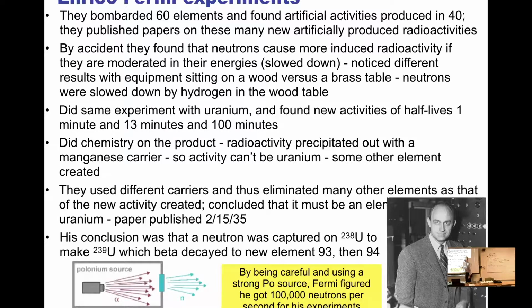Fermi assumed that neutrons were captured on uranium-238, making uranium-239, but then beta decay to element 93, and then probably to 94. So this was a big deal, this publication, February 35, that for the first time in this experiment, apparently, people had produced the first element beyond uranium. It does not exist in nature.